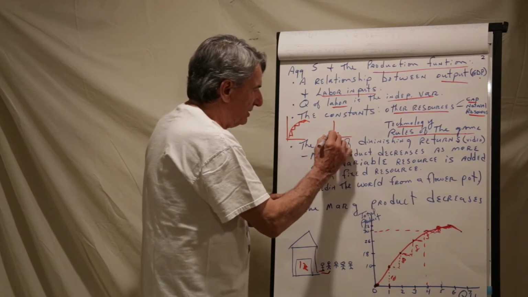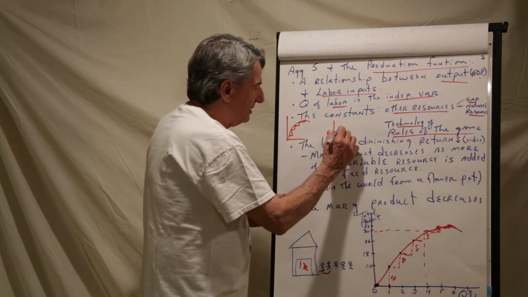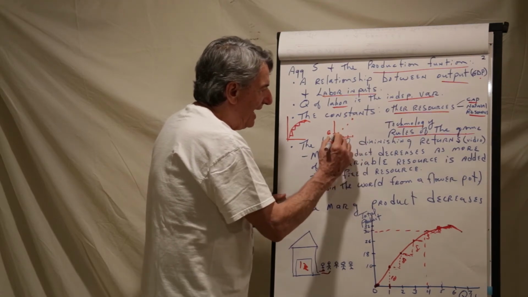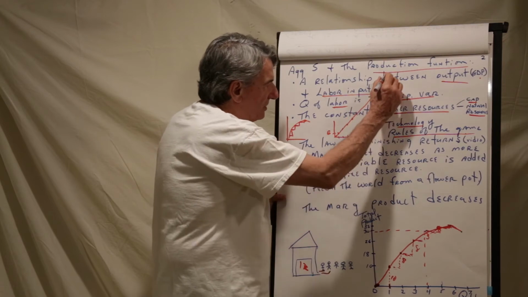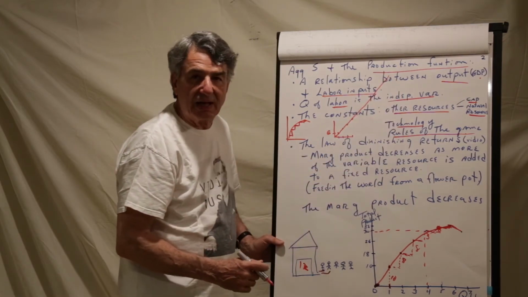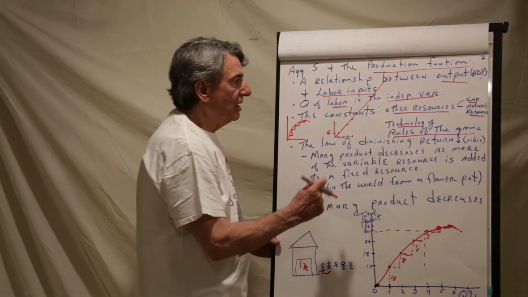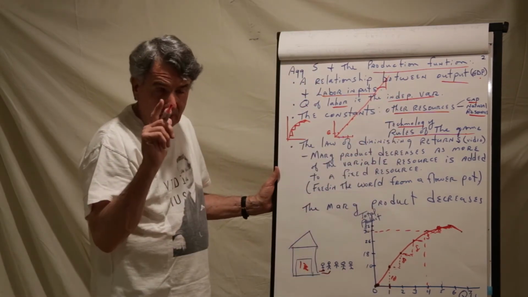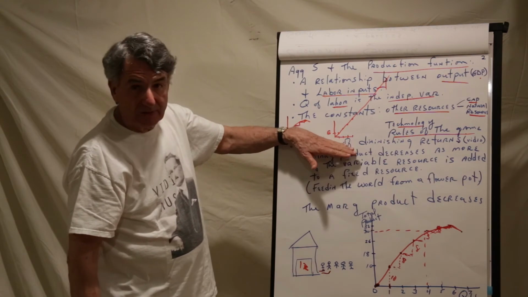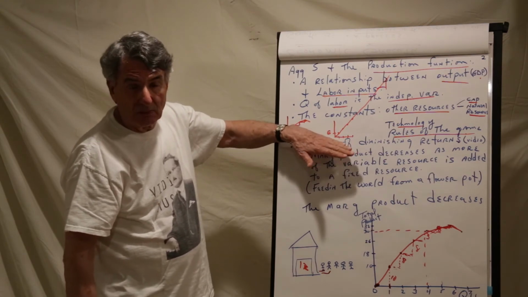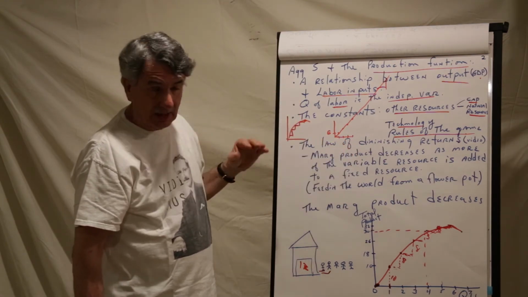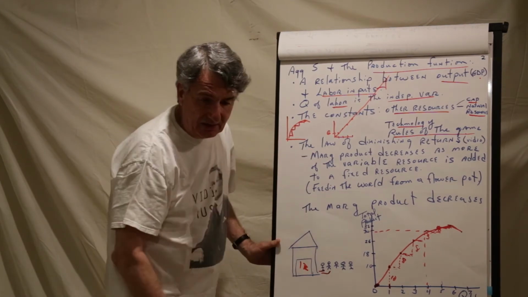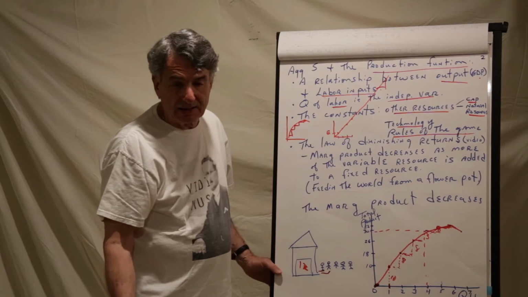So the first worker brings you 6, the second worker brings you an additional 6, the third an additional 6, and so on. You would have a production function that just goes up and up and up. If there was no law of diminishing returns, theoretically you could feed the world potatoes out of a plot of land this size.